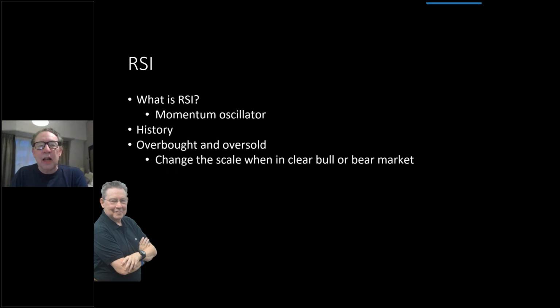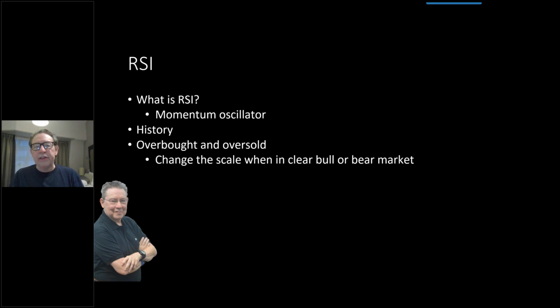Now, RSI was originally invented by a gentleman by the name of Wells Wilder, who wrote a book called New Concepts in Technical Trading. It's an excellent book. I highly recommend it. I wouldn't recommend any of his other books, but that one is fantastic, and we use many of his indicators, and they're standard on different chart services now. Basically, he came up with an oscillator that was much better than what existed before.